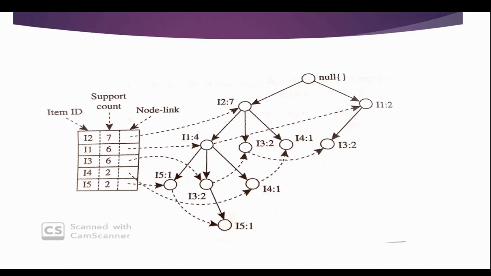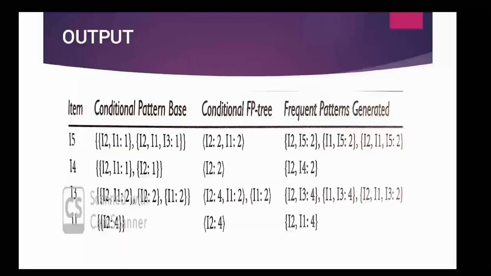Here is the tree, with the item IDs, support count, and node link. From this we will take each item as a node and we will construct a tree. And this is the output which is done by the FP tree.